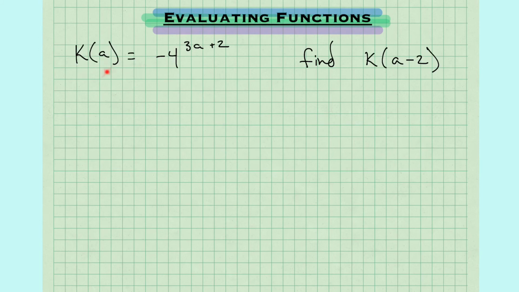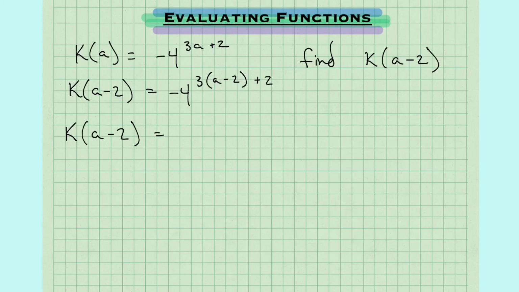All right, here's our function k of a. We want to find k of a minus 2. So k of a minus 2 equals negative 4 raised to the 3, a minus 2 plus 2. So k of a minus 2 equals negative 4 raised to the, let's see here, we're going to do our distribution again.